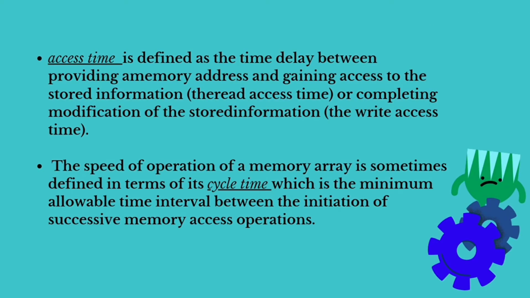Access time is defined as the time delay between providing a memory address and gaining access to the stored information, or completing modification of stored information. The speed of operation of a memory array is sometimes defined in terms of its cycle time, which is the maximum allowable time interval between the initiation of successive memory access operations.